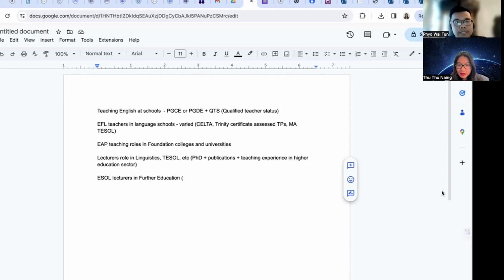It can be CELTA or Trinity certificate, or any other, maybe a diploma in TESOL. So it's a little bit flexible. But we need to prove that our certificate involves practical teaching with observations by assessors, and a degree. It can be a bachelor's degree or a master's degree.